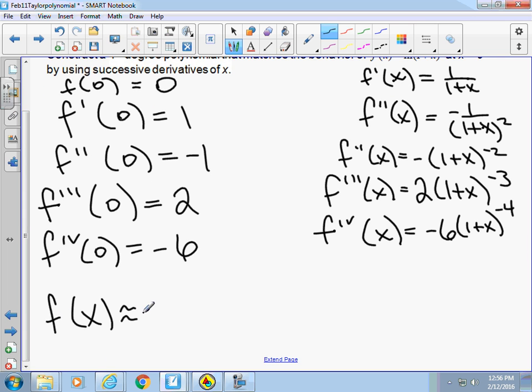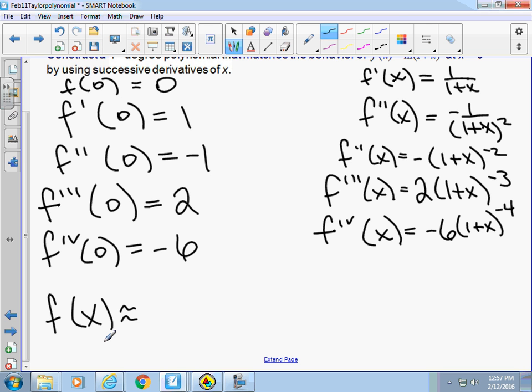And I'm going to put f of x is approximately, because this is an approximation of the polynomial. So I want to take you back to the big picture, because it's easy with series to get lost in what we're doing. Our goal is to create a polynomial that matches this function, natural log.